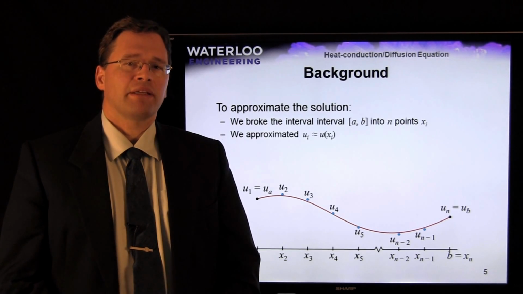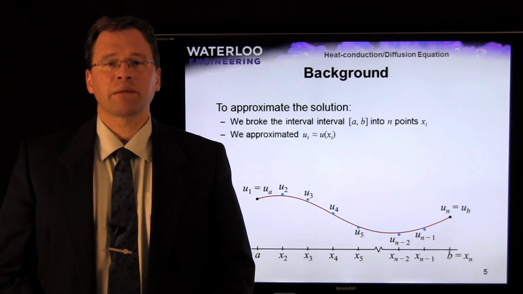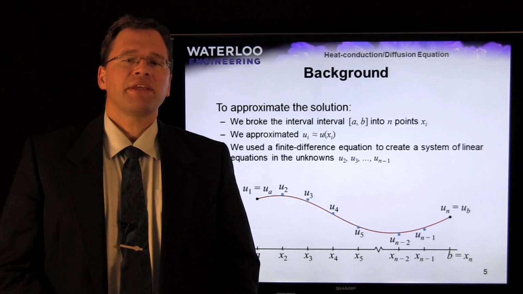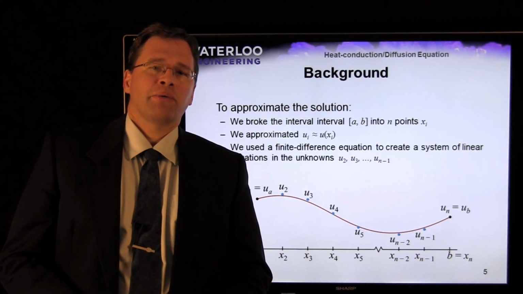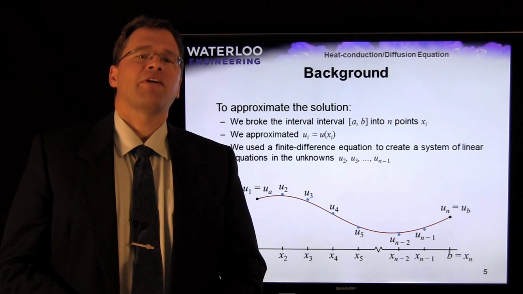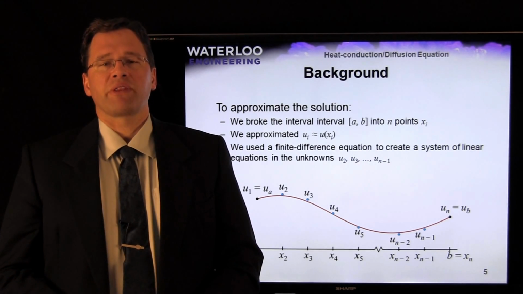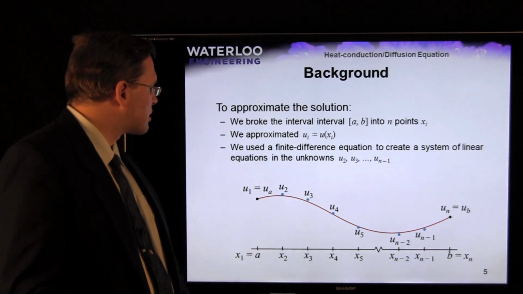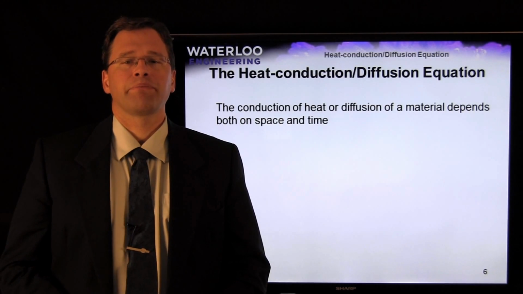We said that we would approximate the solution at x sub i by some unknown value u sub i. Using the finite difference equation, this led to a system of n-2 equations in n-2 unknowns. We were therefore able to solve this tridiagonal system to approximate the solution at each of those interior points.